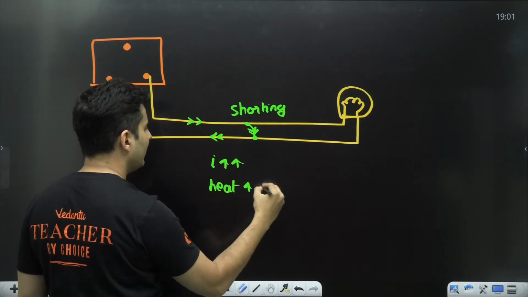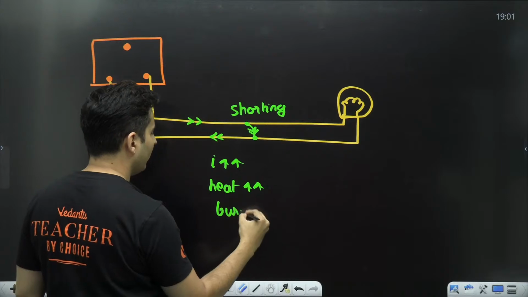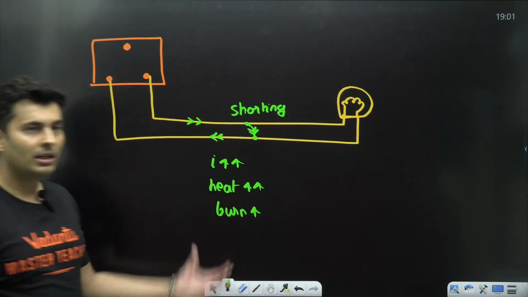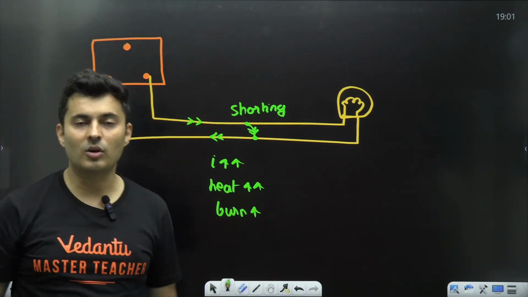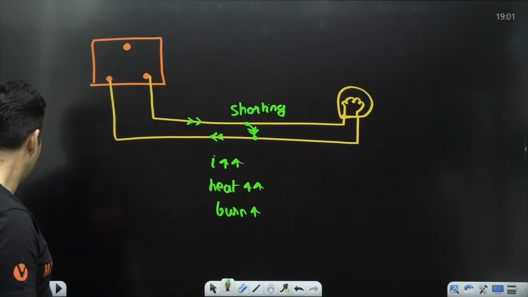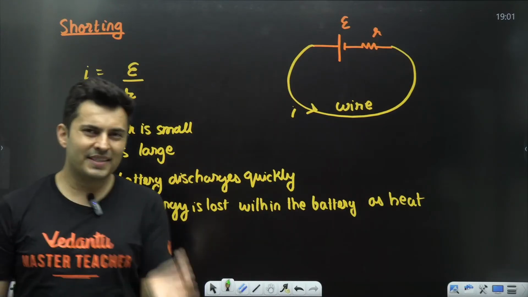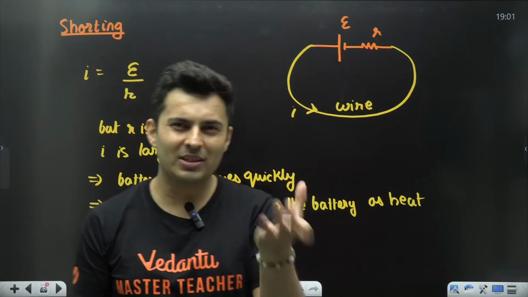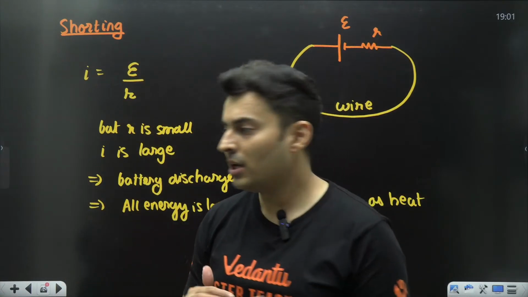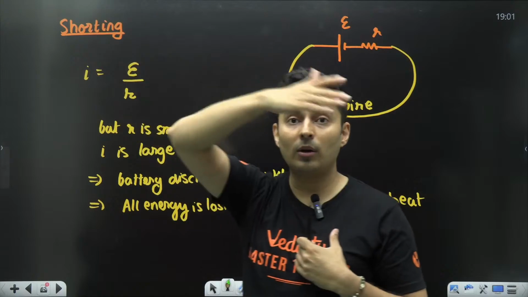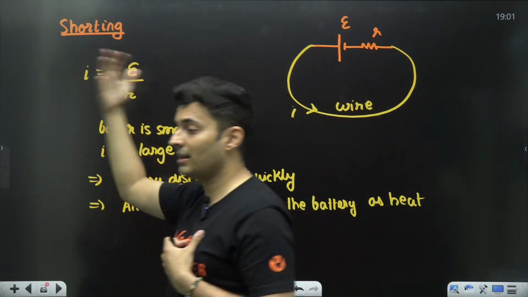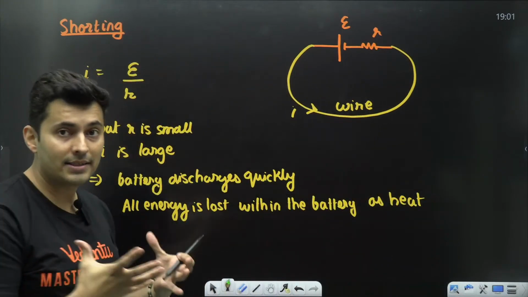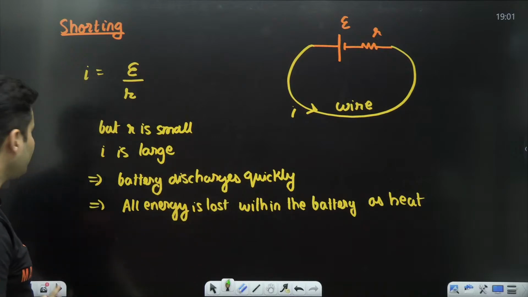And once it gets heated up, it might even burn. So that's how fire is caught in case of shorting. Did you understand? In case of a cell, obviously fire is not caught because the battery's voltage and currents are very low. But in case of your regular power supplies, the voltages and currents are high. That's how a lot of energy is there, and it might even catch fire.